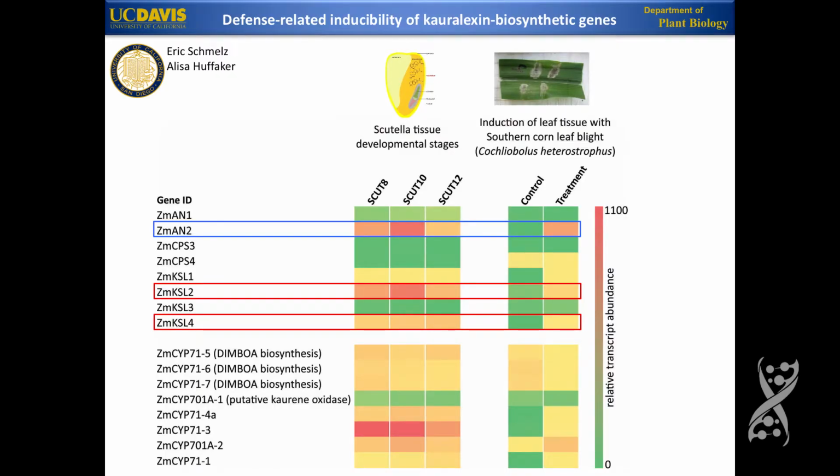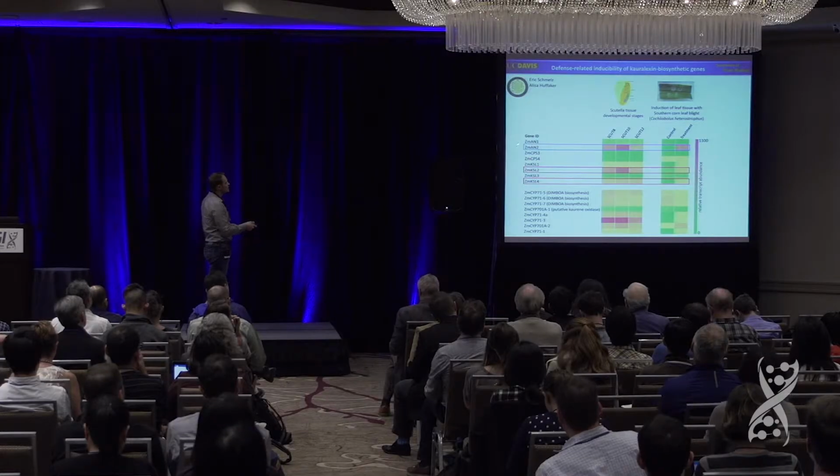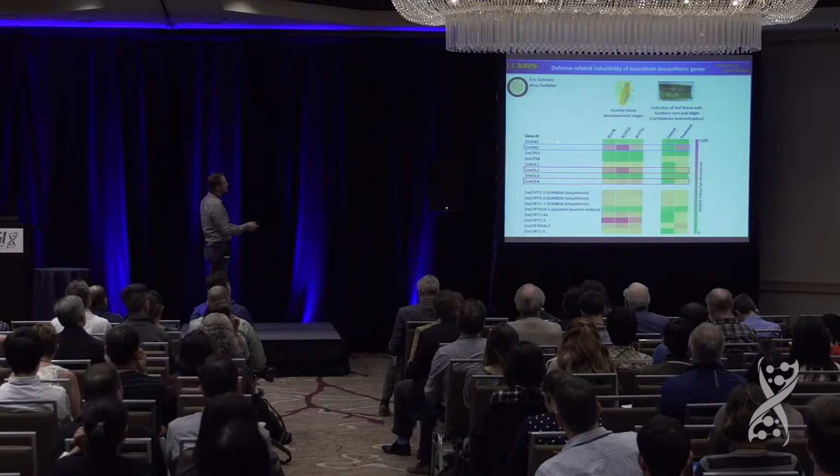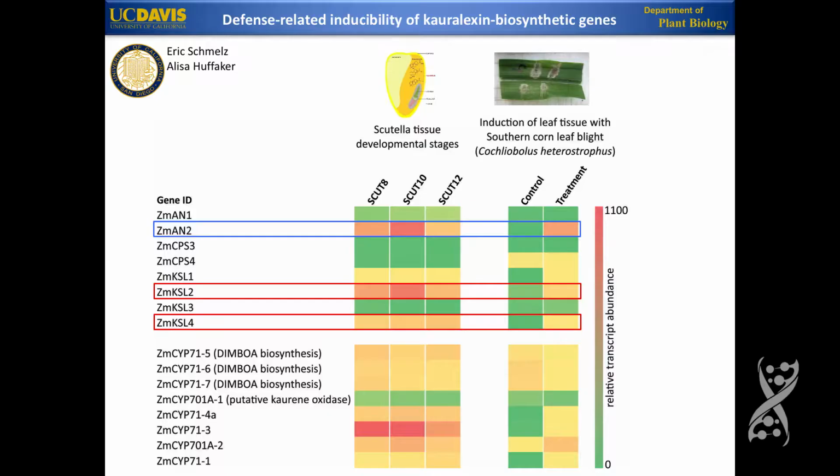The next step, we looked in the scutellum across a number of days past germination to see interesting patterns of expression. And we combined this also with inducibility, here using one of the major maize pathogens, Cochliobolus. And we compared it directly to this enzyme here, AN2, which is a class 2 diterpene synthase that had been characterized already some years ago and shown to be involved in defense mechanisms in maize.